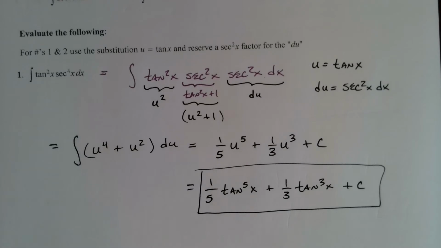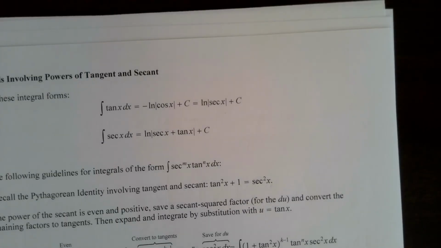Again, power of secant being even. Let's do another one. Again, power of secant is even, tangent is even, but if we have an even power, we can peel that off.